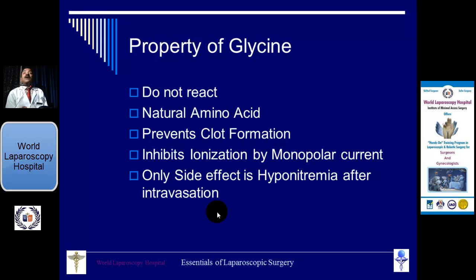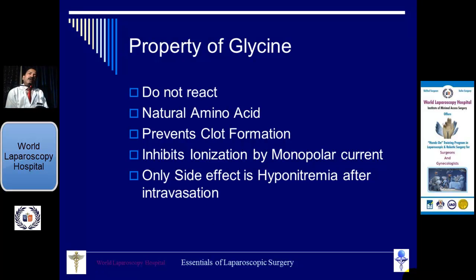So it will not block it. If the blood is coming out with the fluid, it is draining out, because we have the channel input and output, so it is washed out. And if it is clearly washed out, then we can see the bleeder point distinctly and we can coagulate it.